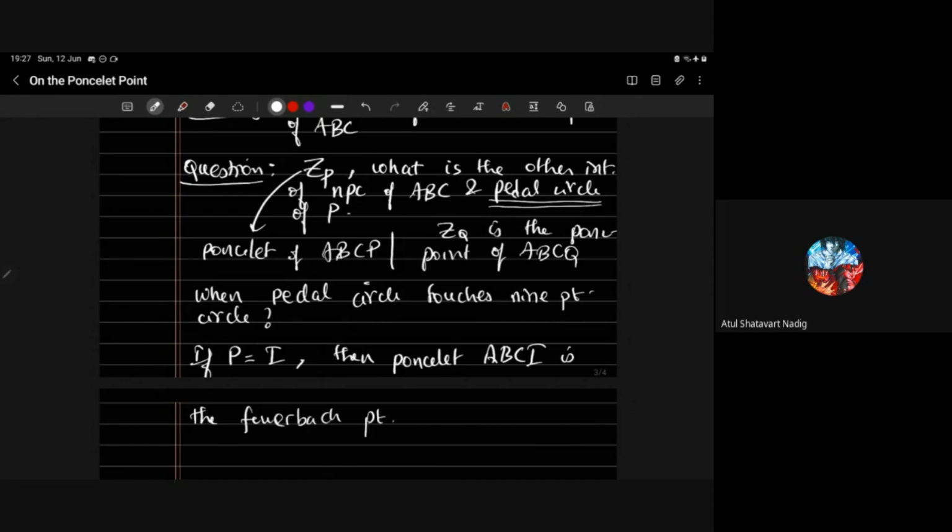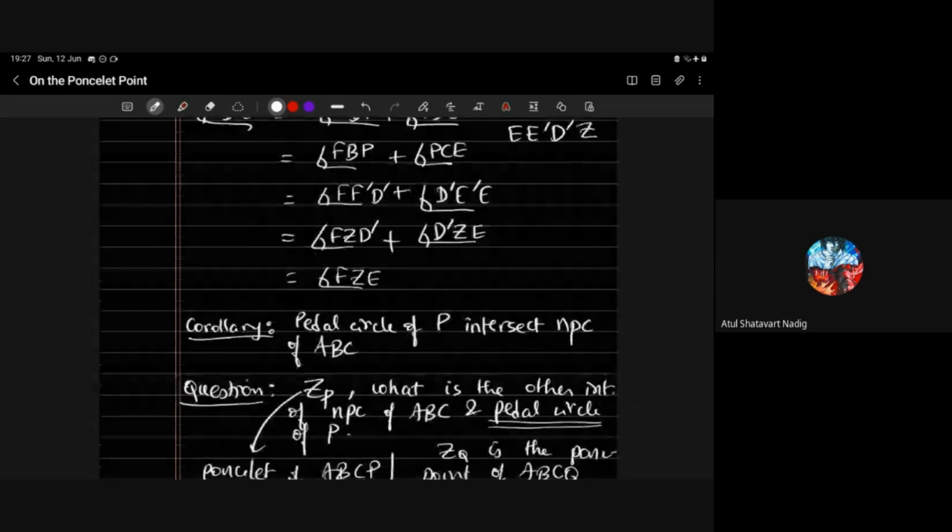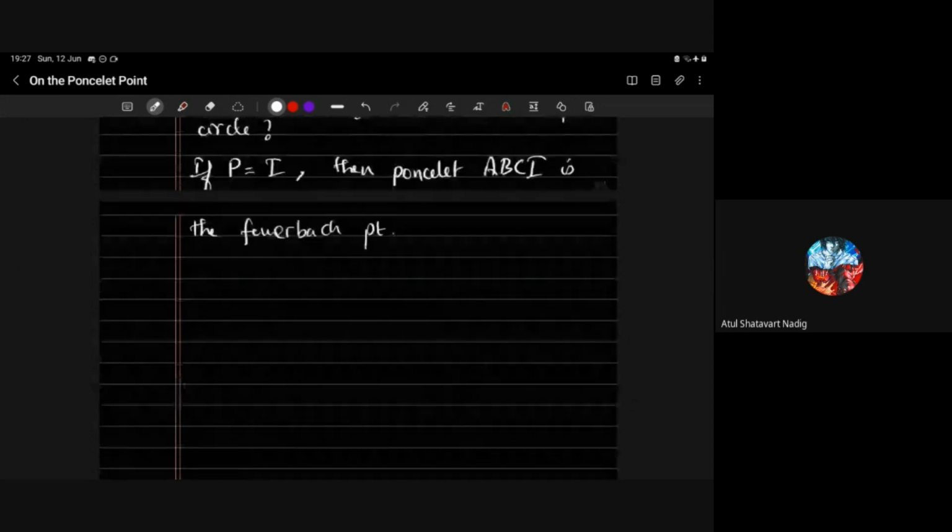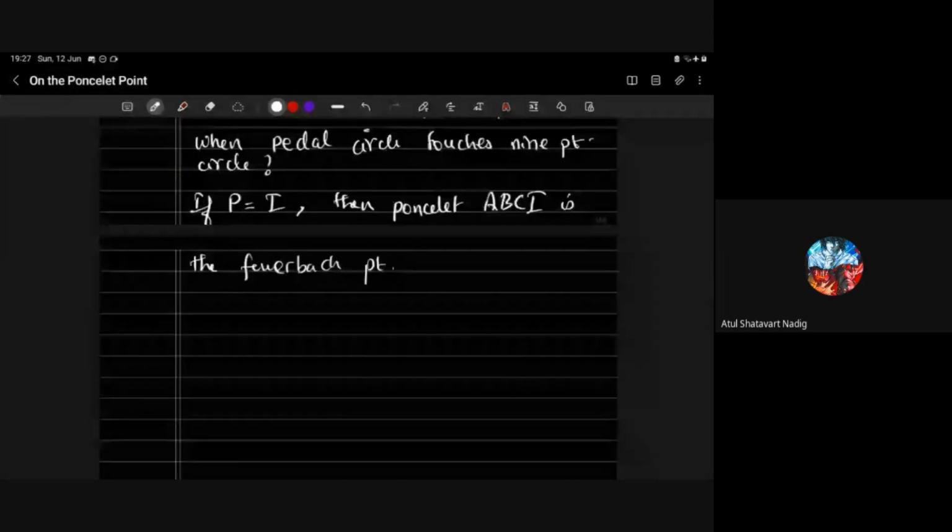Do you see why? Okay, I'll tell you. It lies on the 9-point circle of ABC and it lies on the pedal circle of I, which is the incircle. And since there's only 1 point in common between these two, that must be the Poncelet point.